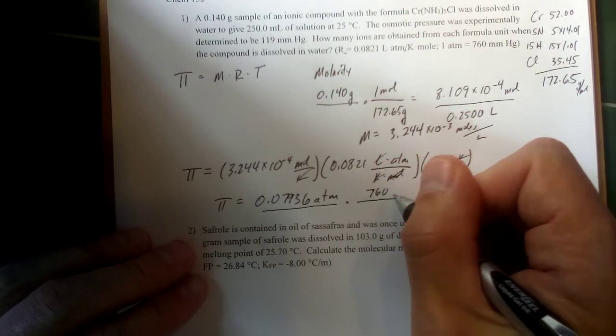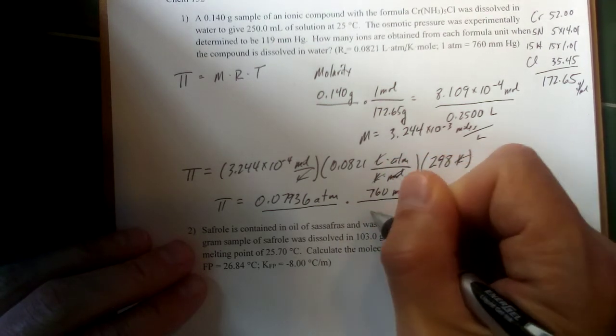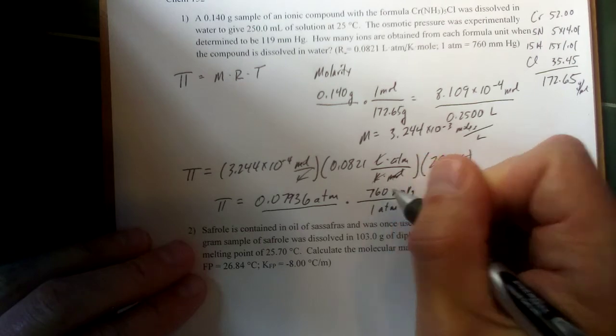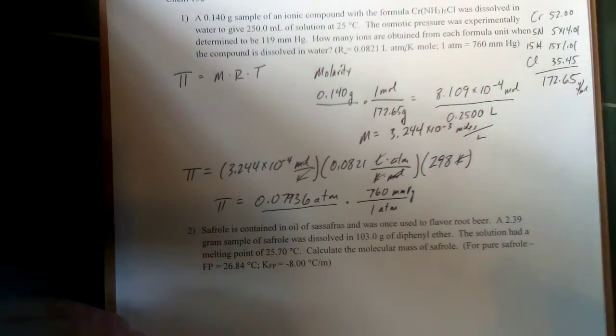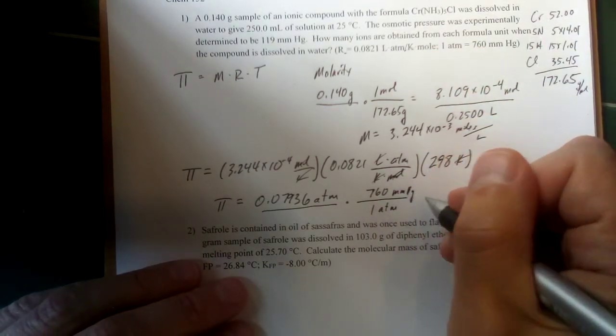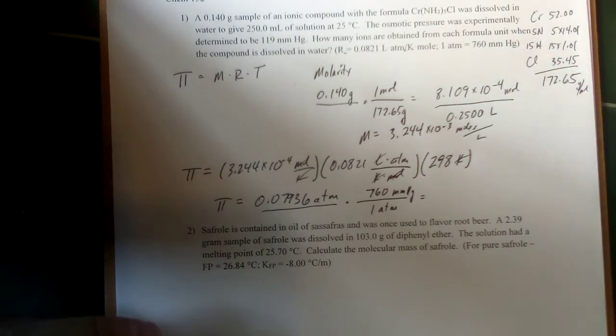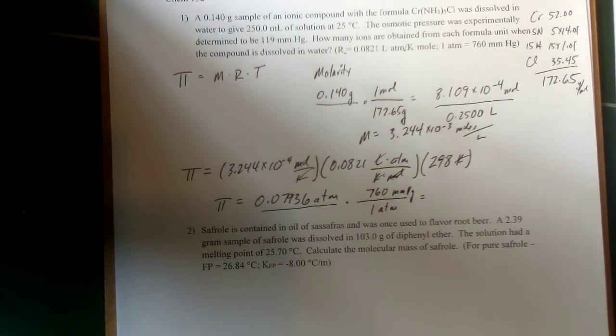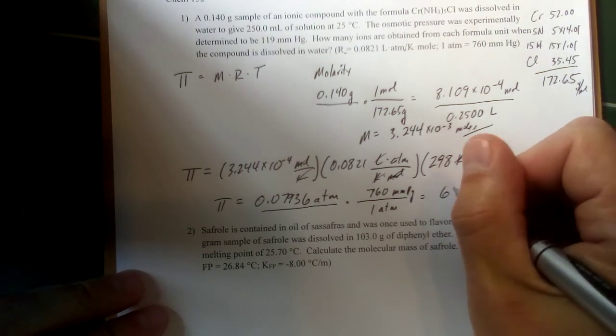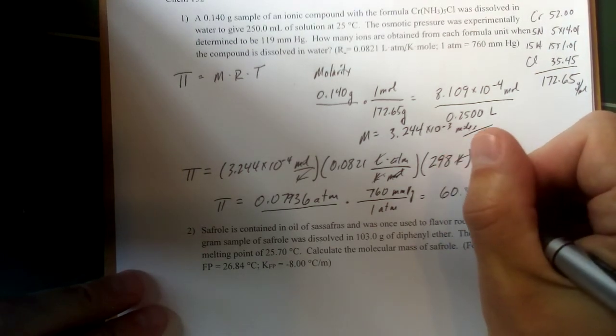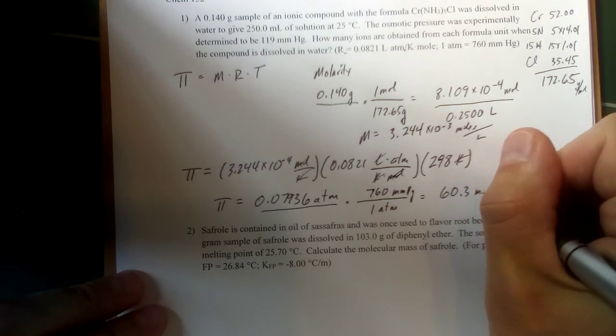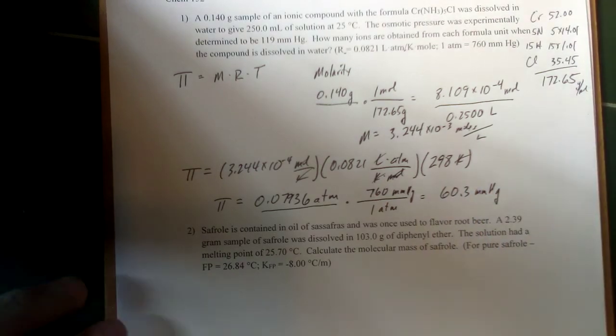There are 760 millimeters of mercury in 1 atmosphere. Now that was also provided in the problem. Generally, I'll provide information like that on the test, but I think this is also one that you probably have used enough at this point that you probably should know what it is. 60.3 millimeters of mercury would be the osmotic pressure here.